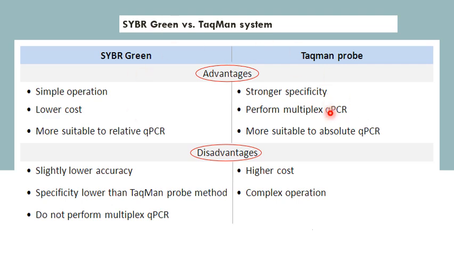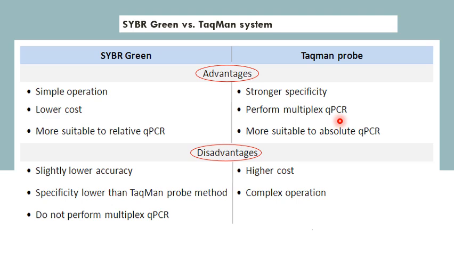So if we compare SYBR Green to the TaqMan probe, there are some advantages and disadvantages. One of them: SYBR Green is low cost and more suitable for relative qPCR. With the TaqMan probe we can perform the multiplex qPCR as we said, and this is a strong advantage because multiplex will always reduce the time required for the assay. It will detect more loci or more alleles at the same time.